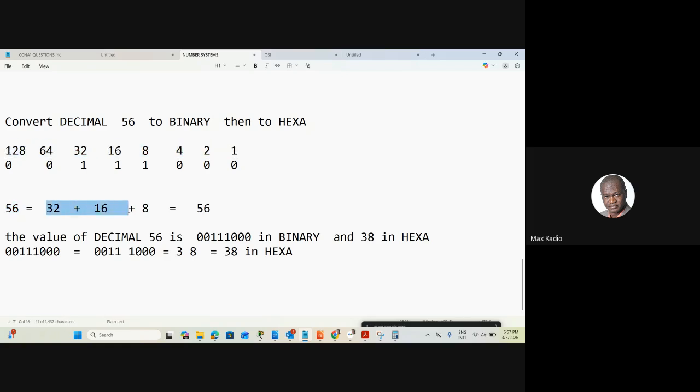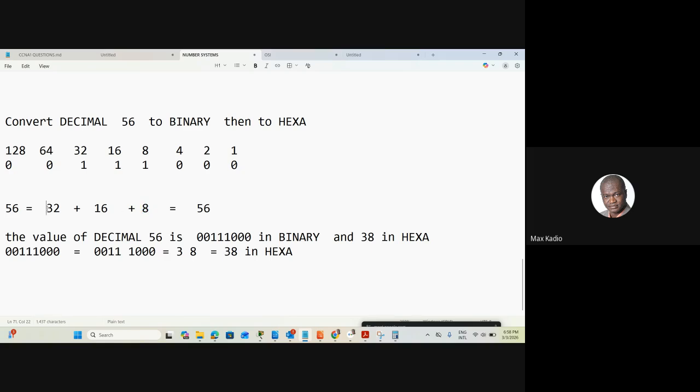How do you find it? If 56 is bigger than 32, you put it here. Then you do 56 minus 32. The remaining is 24. 24 is bigger than 16, so you put it here. Then you do 24 minus 16. The remaining is 8. So 8 is bigger or equal to 8, and you keep it like that.